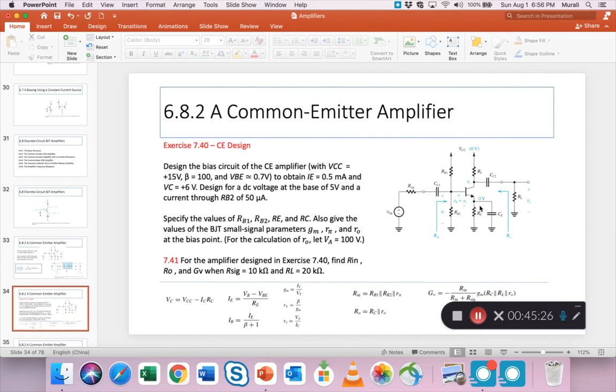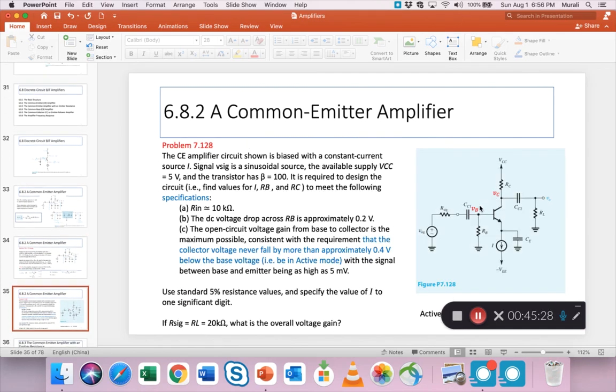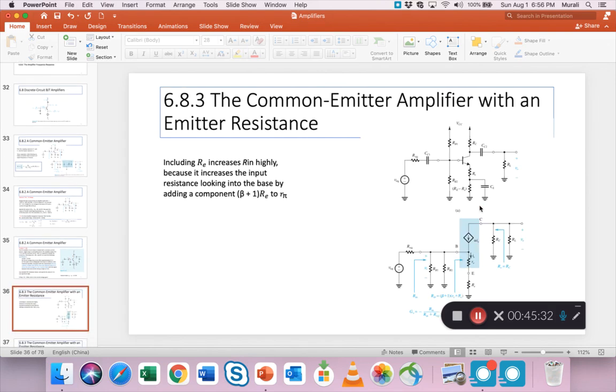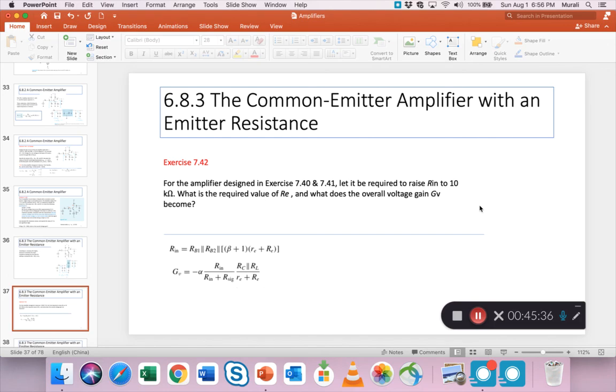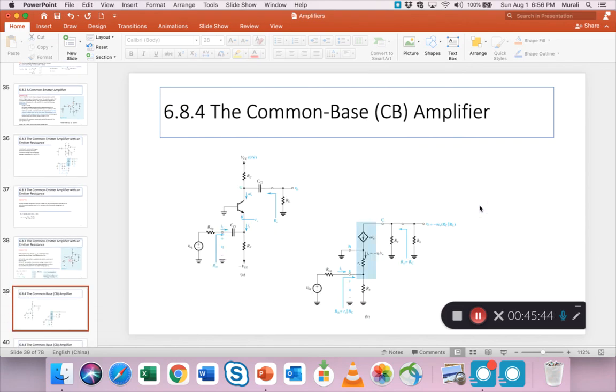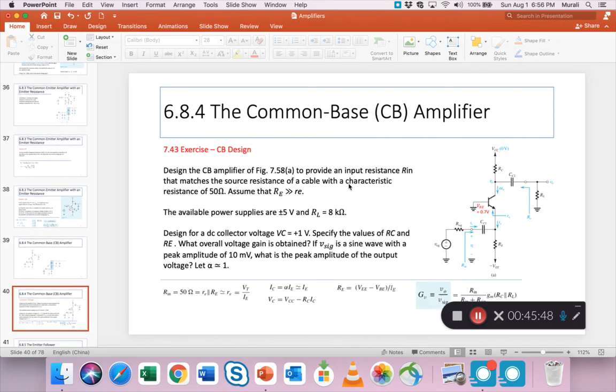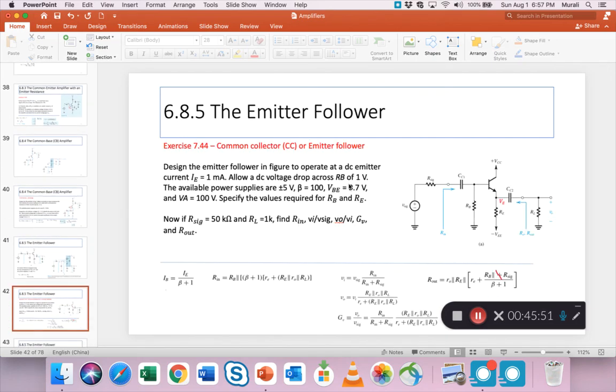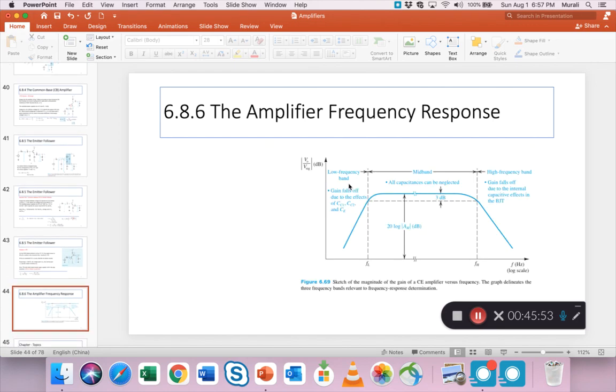So for all these examples, real circuits, we will do problems to understand what gain is possible, what input resistance and what output resistance are possible. Okay, so much of this section 6.8 is all problems, and we will come back in our next recording and do these problems.